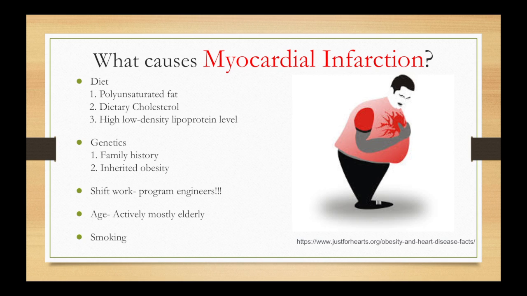And about our food, we should avoid food with high fat and cholesterol. Besides diet, we also have the following cause: for the acute myocardial infarction, it must be the gene, like family history.